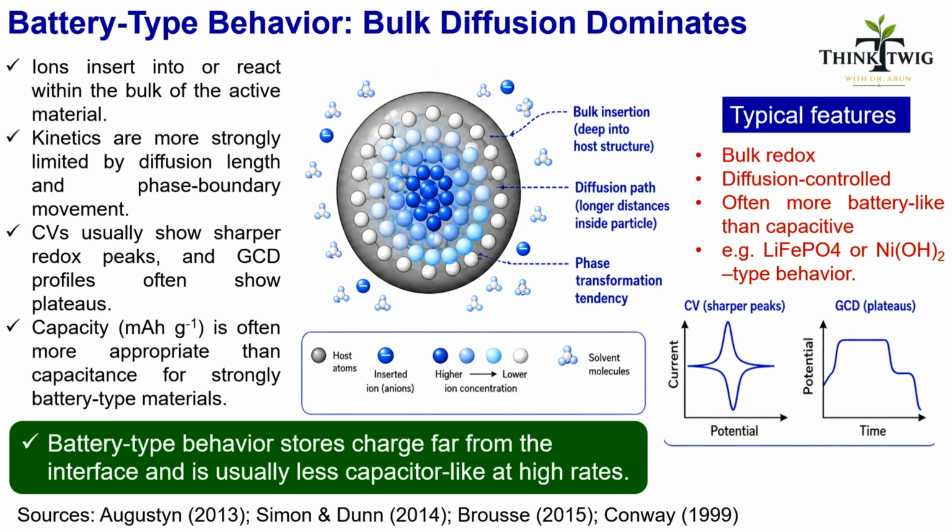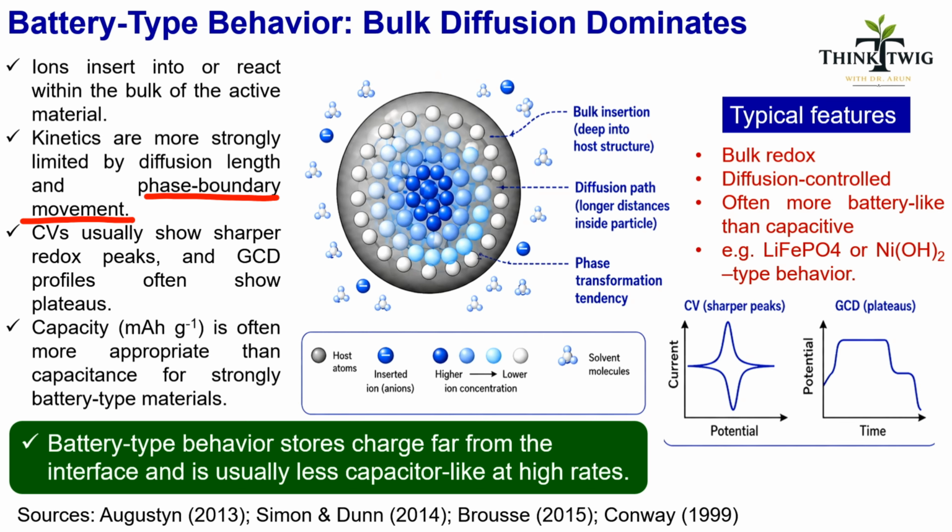Now let us move to the other side of the spectrum. In strongly battery-type behavior, ions insert into or react within the bulk of the active material. Here, the transport distance and internal reaction processes become much more important, and diffusion length matters.